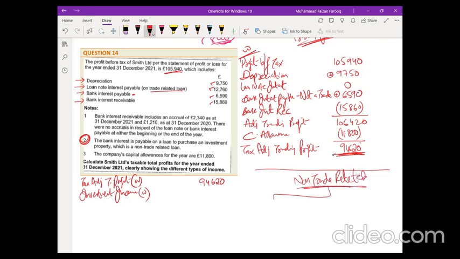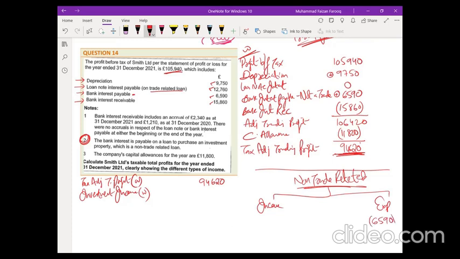We have two things. One is bank interest, which is income, and we have one which is an expense. Right or wrong? The non-trade interest expense is 6590.